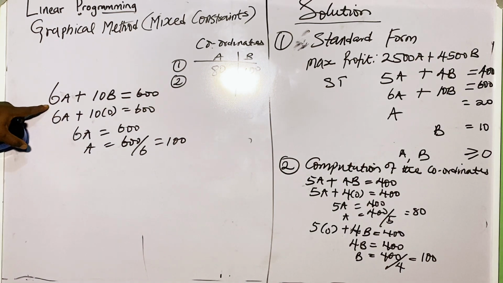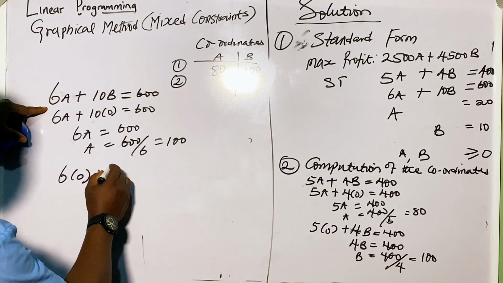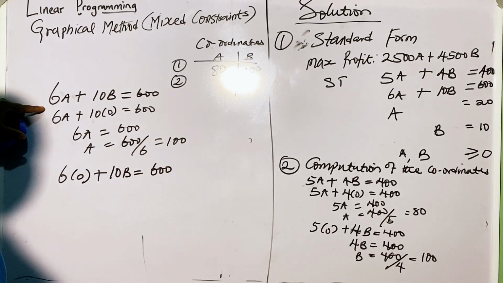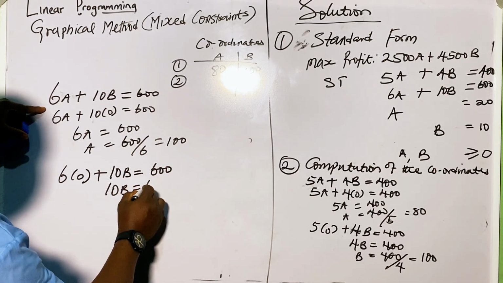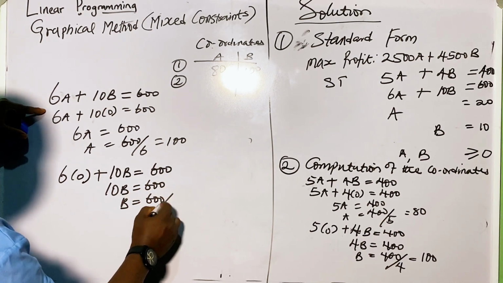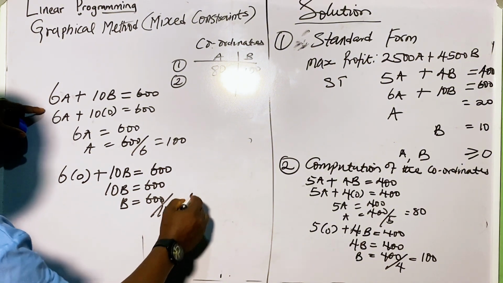Then we hold A constant, that is 6 by 0 plus 10B will be equal to 600. Then 10B will give me 600. B will equal 600 by 10, which gives me 60.